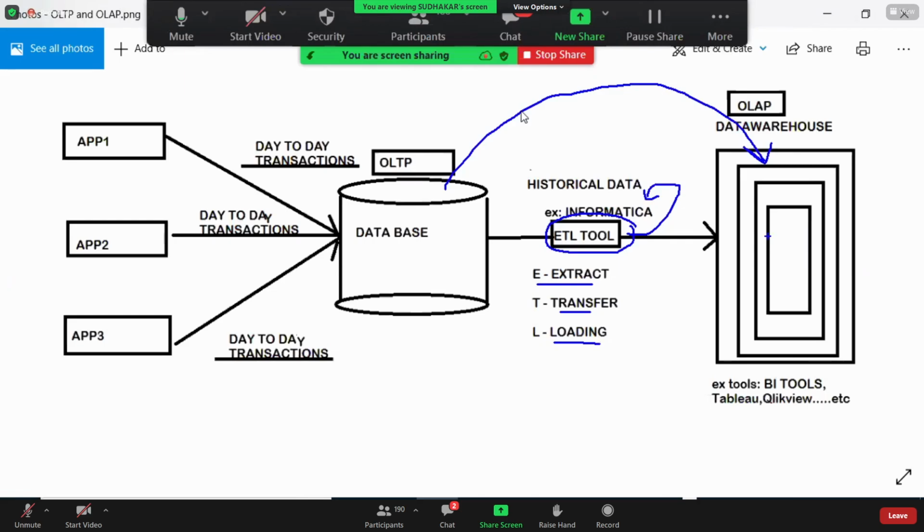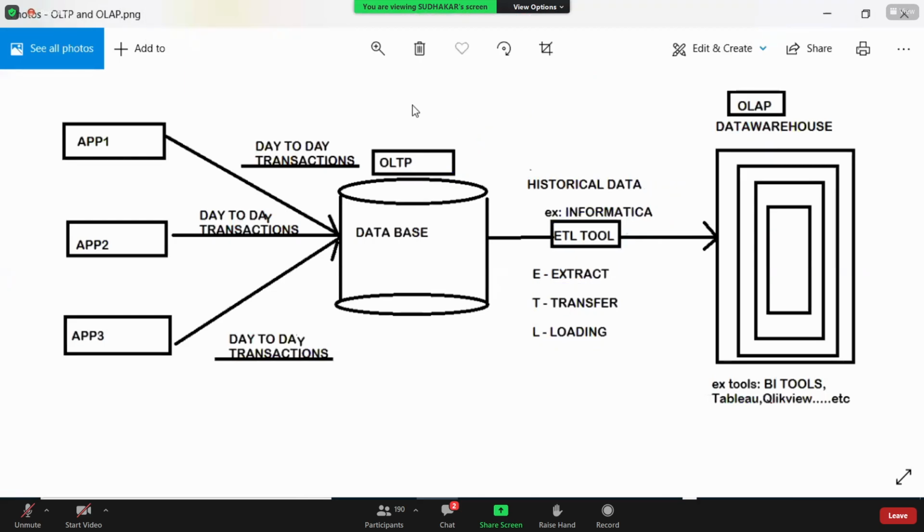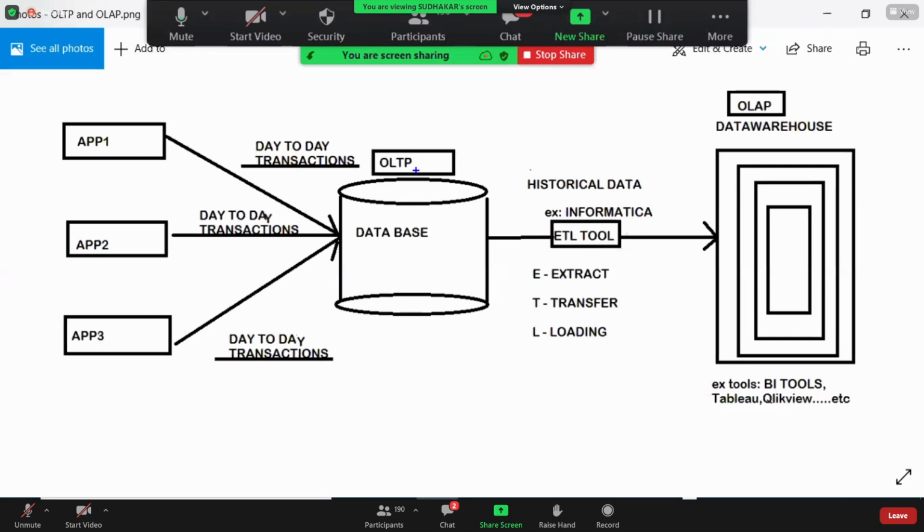Now, how do people manage this? Some companies transfer the data from OLTP to OLAP day-wise, every day.